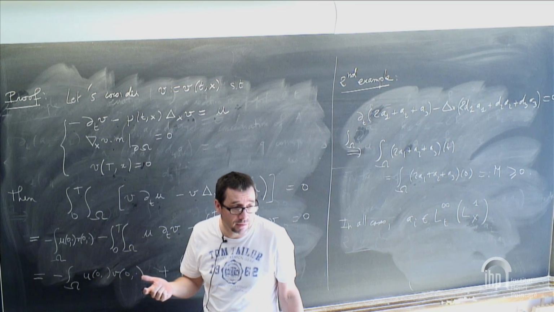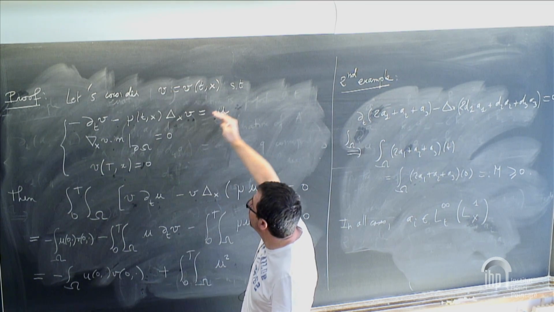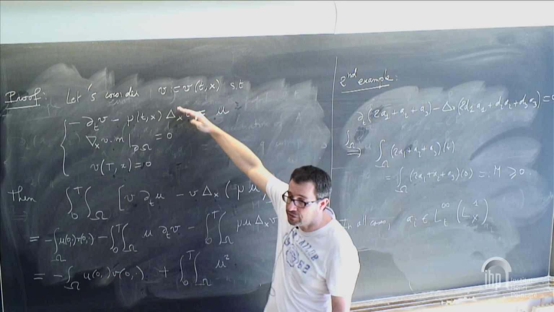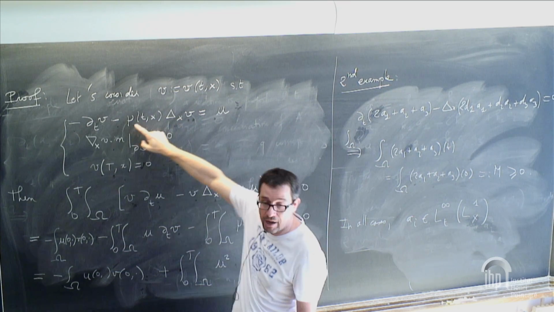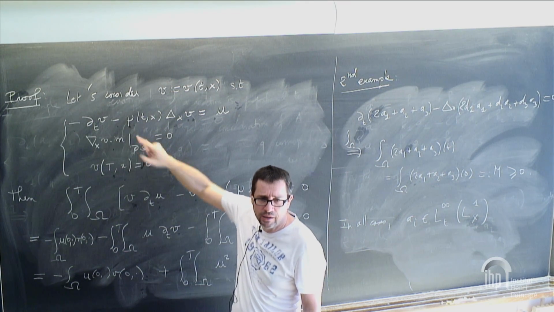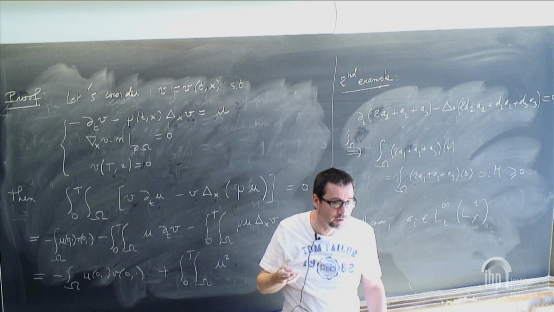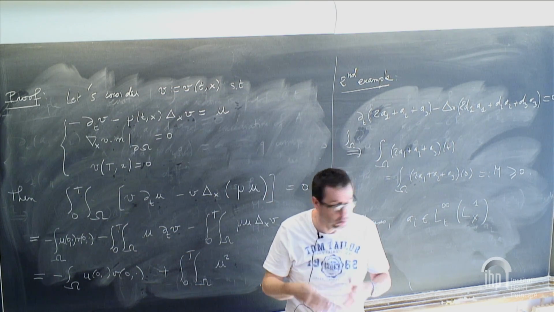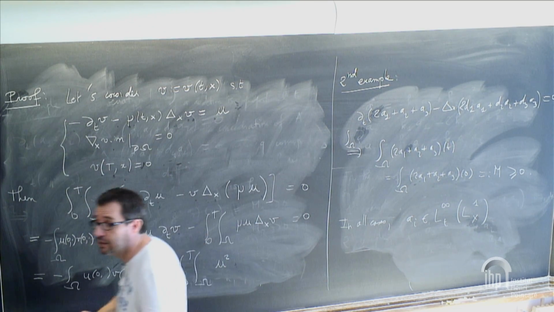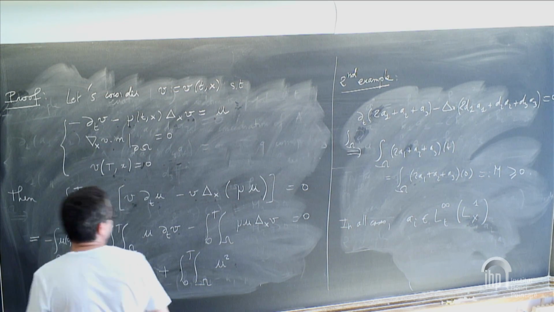And for this, we can start from the equation here, which has the mu outside of the Laplacian, and so for which, therefore, we have a certain number of techniques which allow to get estimates for v. Okay?